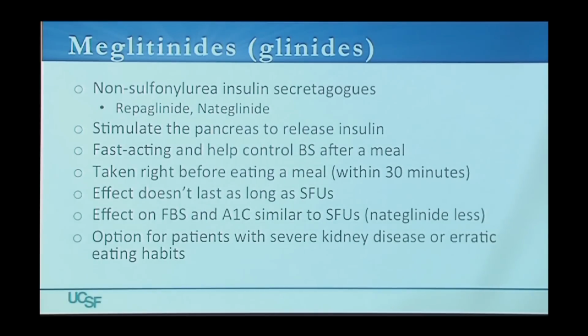And these actually work the same way. They stimulate insulin release. They just go to a slightly different site in the pancreas to cause it to make more insulin. Their difference, however, as I mentioned, the sulfonylureas are generally only having to be taken once or twice a day because they're quite long-acting.